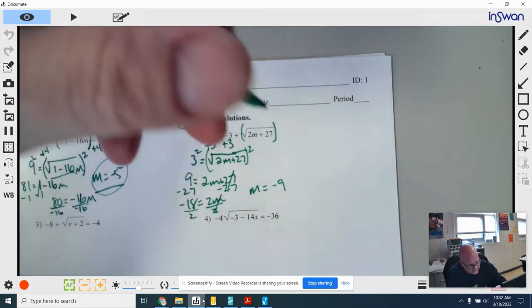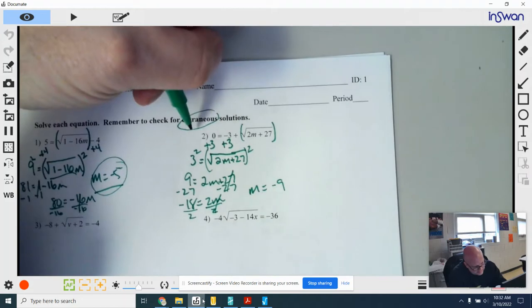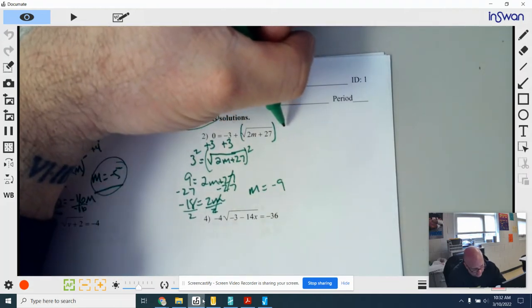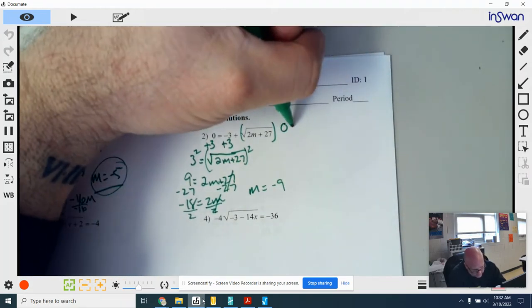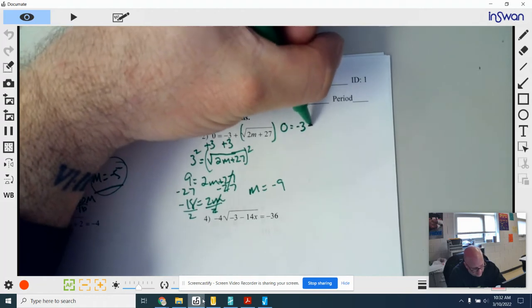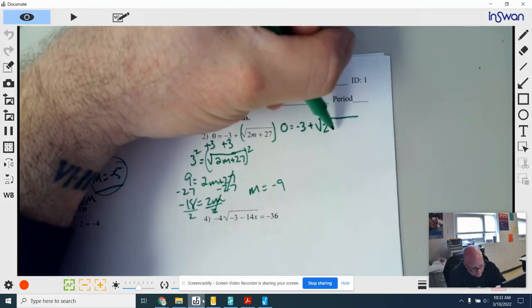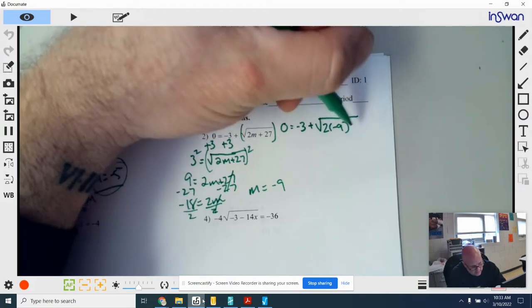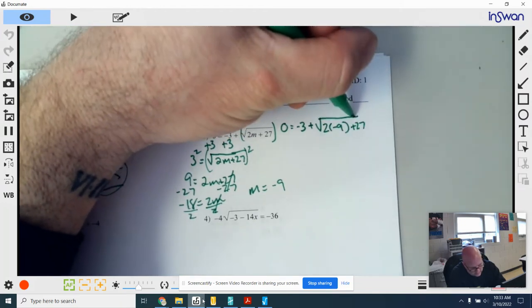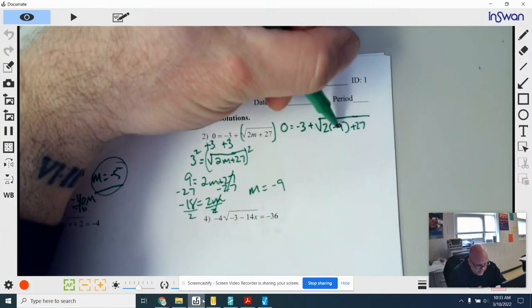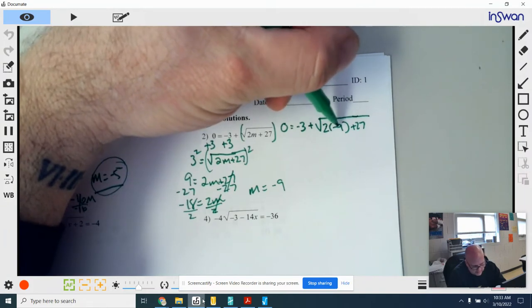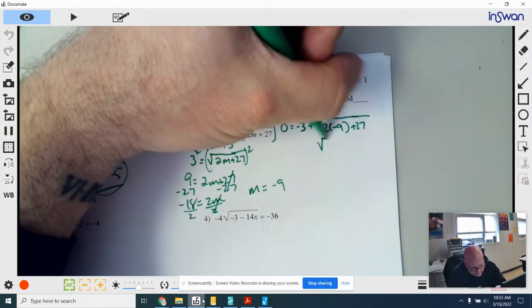Okay, now for me to test this, to see if it's extraneous, I just start with the original equation, 0 equals negative 3 plus square root 2 times m plus 27. Okay, so 2 times negative 9 is negative 18. Negative 18 plus 27 is 9.